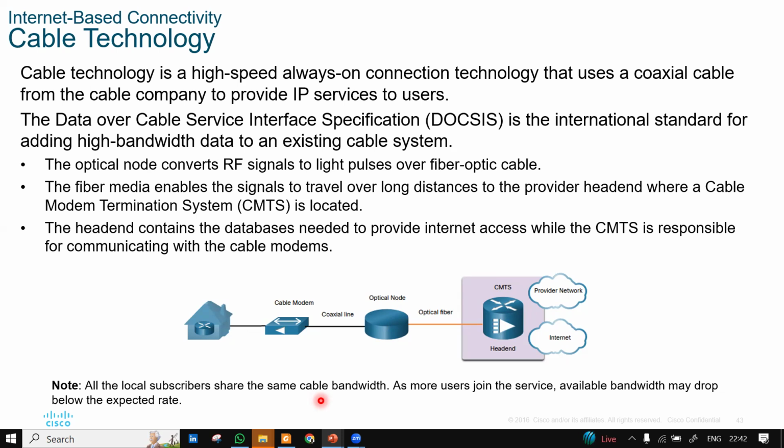Then when all those lines reach the access multiplexer, they are multiplexed to go to the WAN. Because every line is dedicated, bandwidth is not affected by the number of customers added to the network. But with this one, if another customer is added to the network, it will be using the same line. It means bandwidth per user drops.